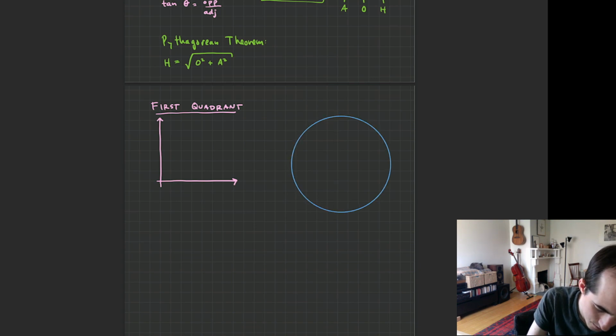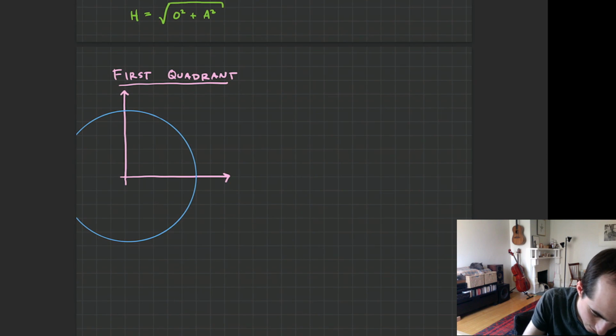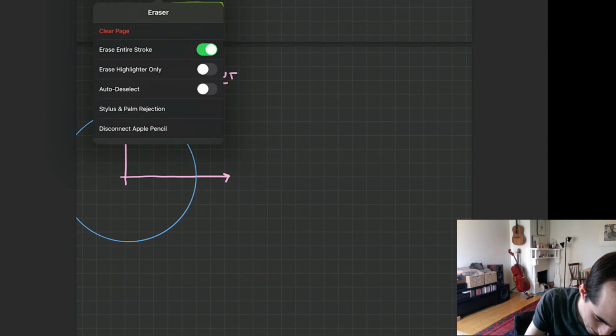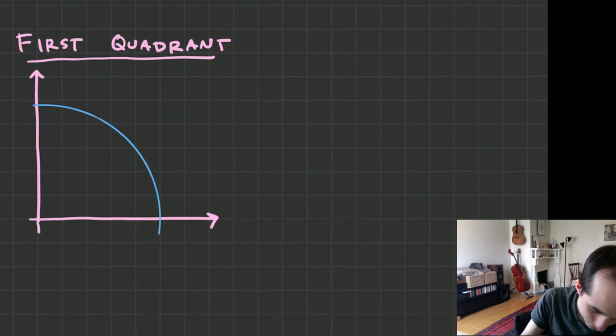There we go, and I'm going to move it. It'll do a full circle, but not a quarter of a circle. Then I'll erase portions of it because I don't want the whole thing, I just want part of it. There we go. Okay, so here's my first quadrant.